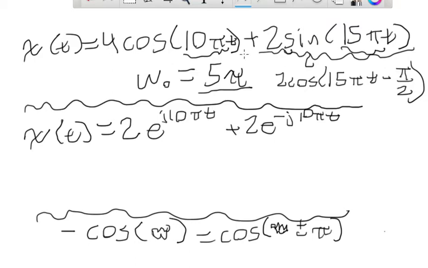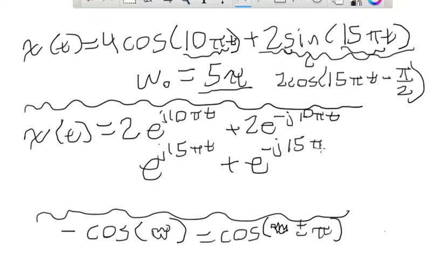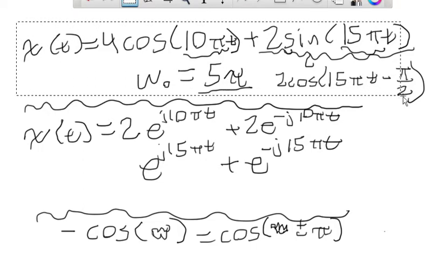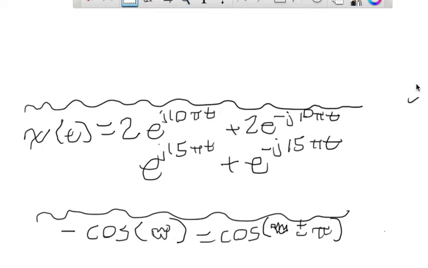So using Euler's formula, we divide this 2 by 2, which will just give us a 1. So this would be like e to the j 15 pi t plus e to the minus j 15 pi t. And now that we've written it in this form, we see that essentially the Fourier series has basically been spelled out for us.